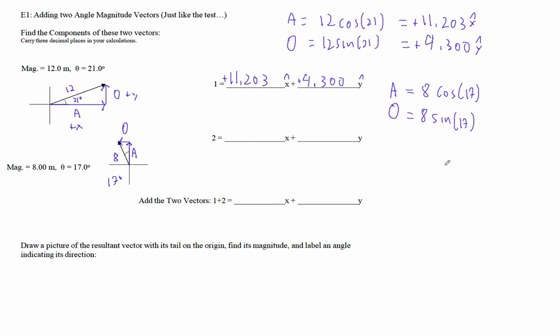So let's figure this out. 8 cos 17 is 7.650. And then 8 sine 17 is 2.3389. So I'll say 2.339.